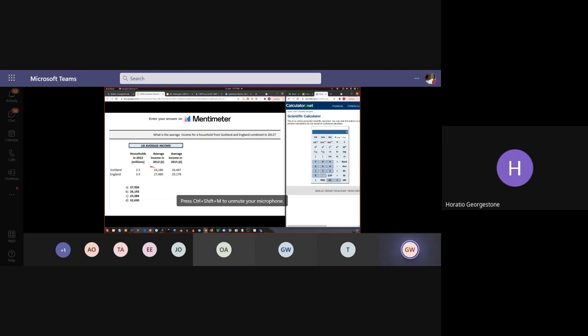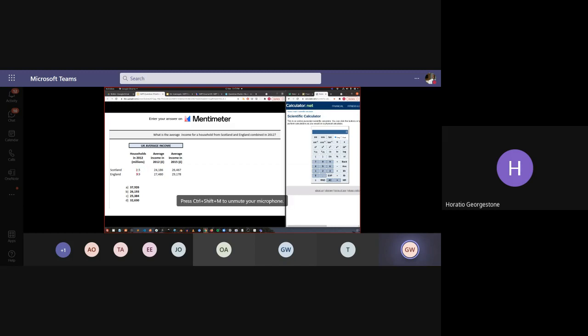But we don't have two households. We have millions and millions of households. We have 6.4 million households. So what we want is the total income divided by 6.4 million. Now, when we do this, we don't actually need to type in 2.5 million, i.e.